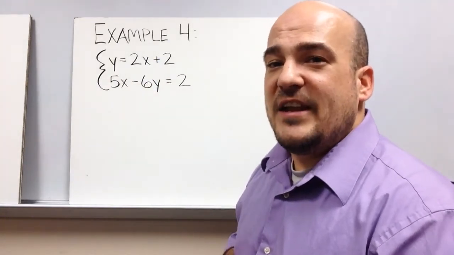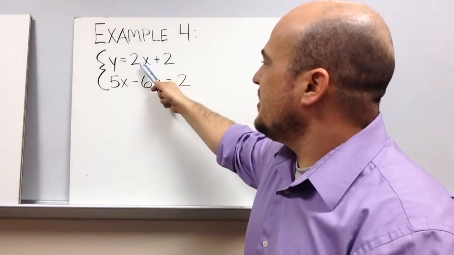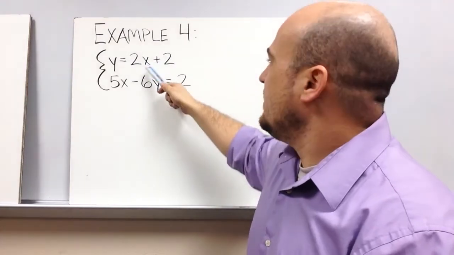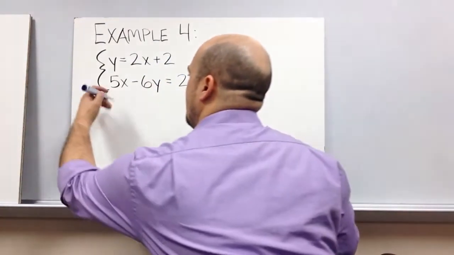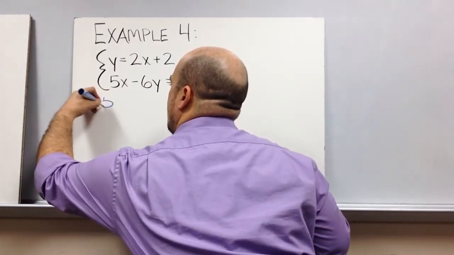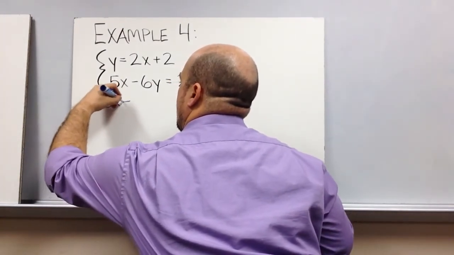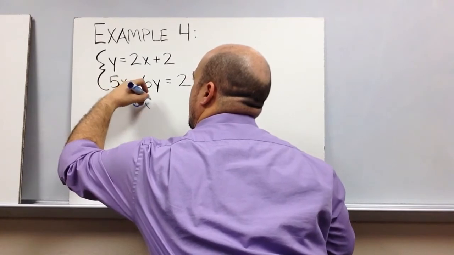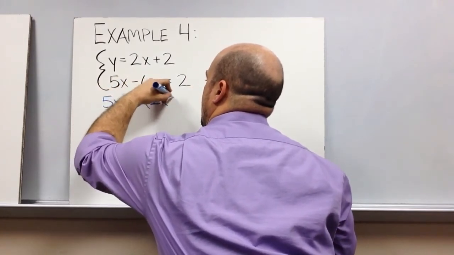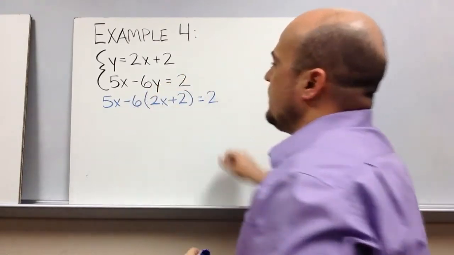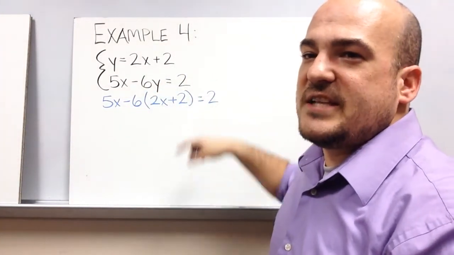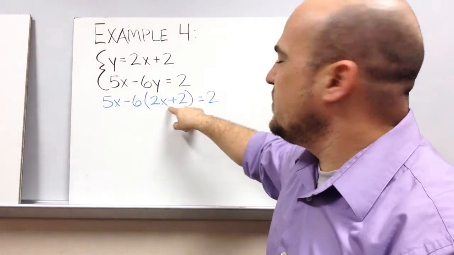Step number 2 then is to plug this expression into the other equation. So I'm going to take this 2x plus 2 and I'm going to put it wherever there's a y. So I just rewrote that second equation, except instead of y, I put 2x plus 2.